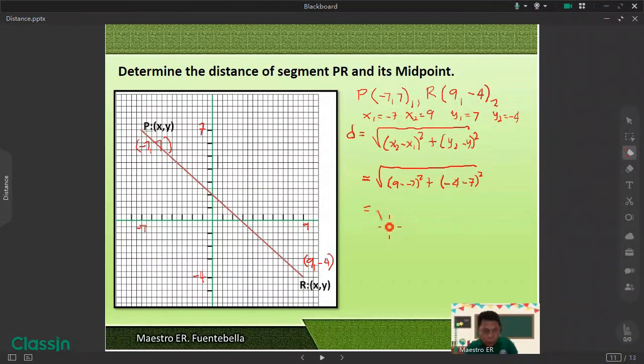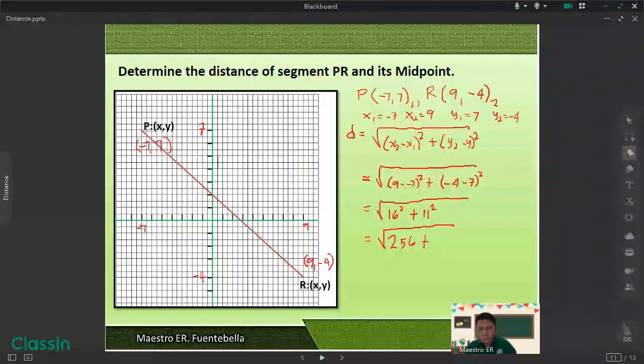So it is equal now to the square root of 9 plus 7 is 16 squared plus negative 11 squared. Or it's equal now to the square root of 16 squared, which is 256, plus 11 squared, which is 121.